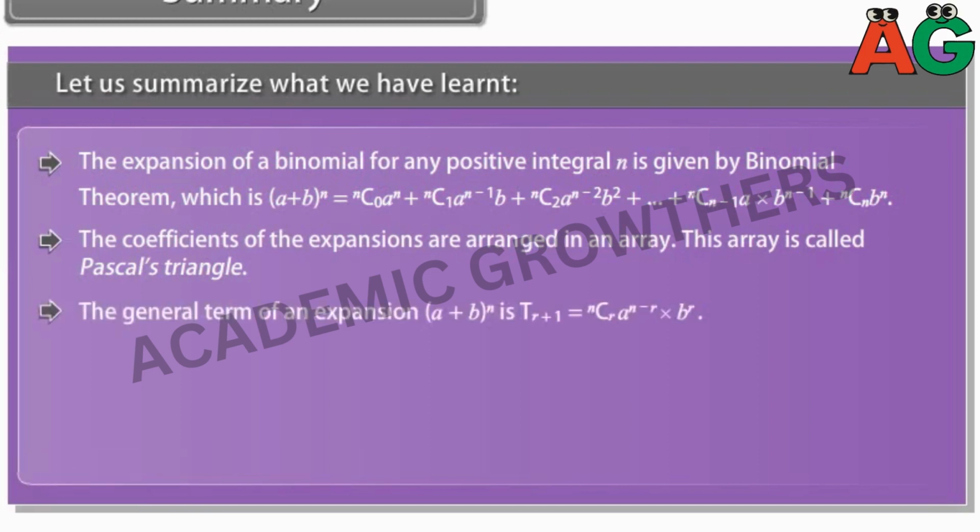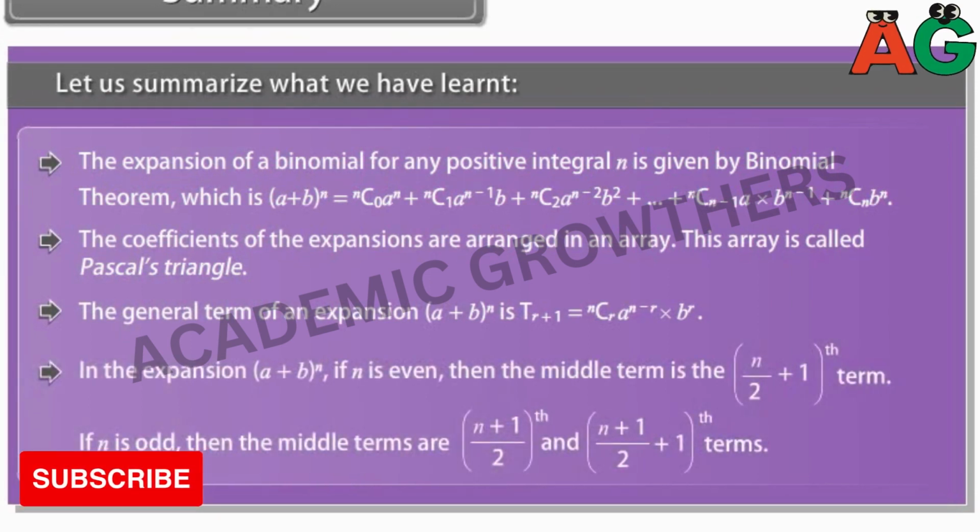The general term of an expansion. In the expansion (a + b)^n, if n is even, then the middle term is the (n/2 + 1)th term. If n is odd, then the middle terms are the (n+1)/2 th and ((n+1)/2 + 1)th terms.